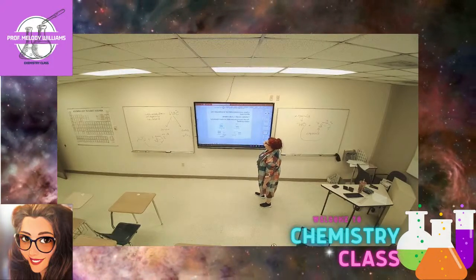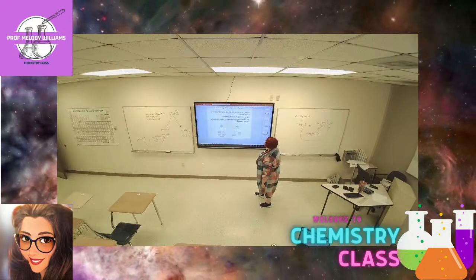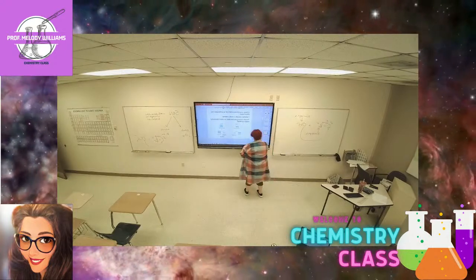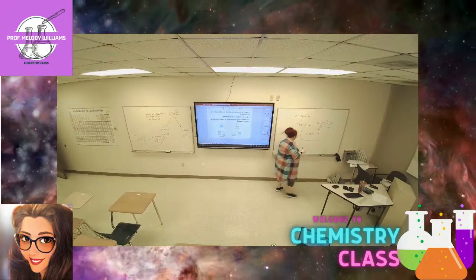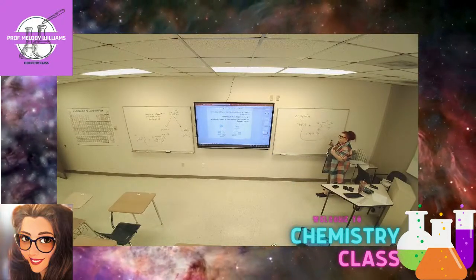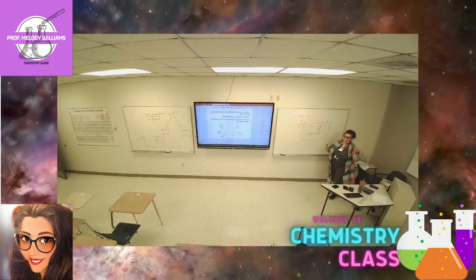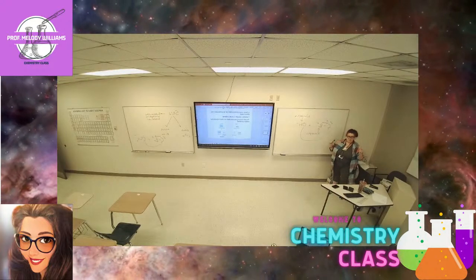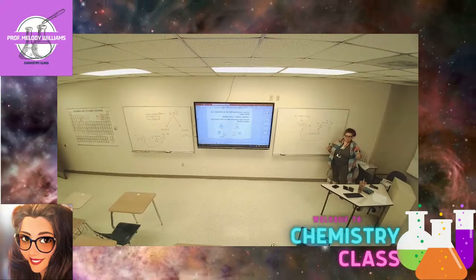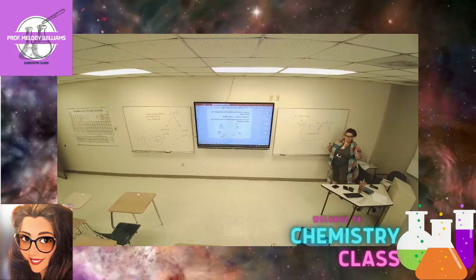So let's talk about what's going on with these arrows. I started to draw them a little bit here and a little bit there because I know we get some confusion about the arrows. In a molecule, what particles are the things that move within a molecule?